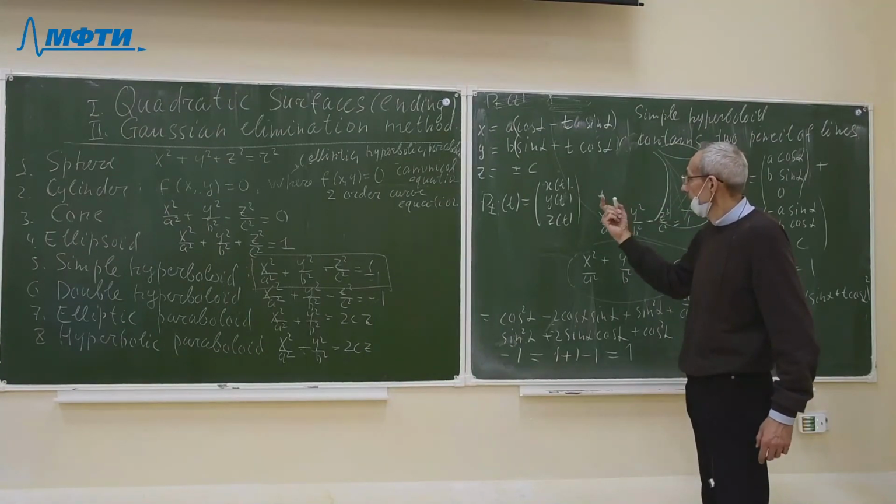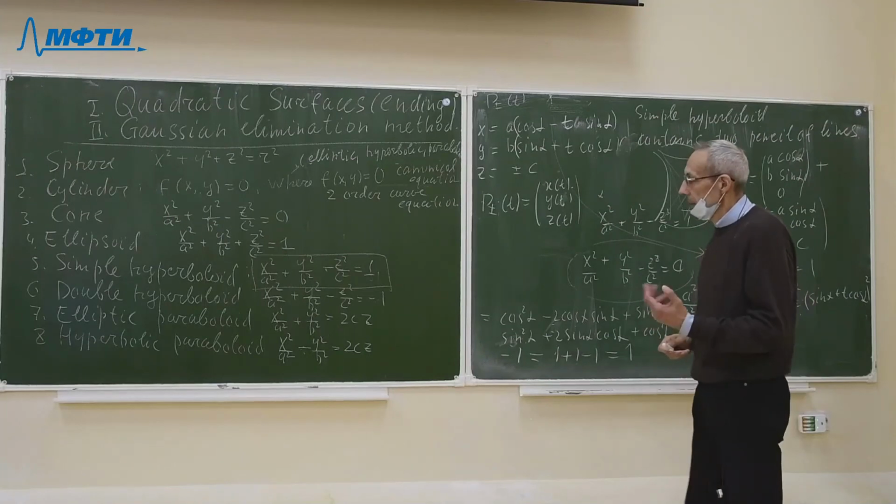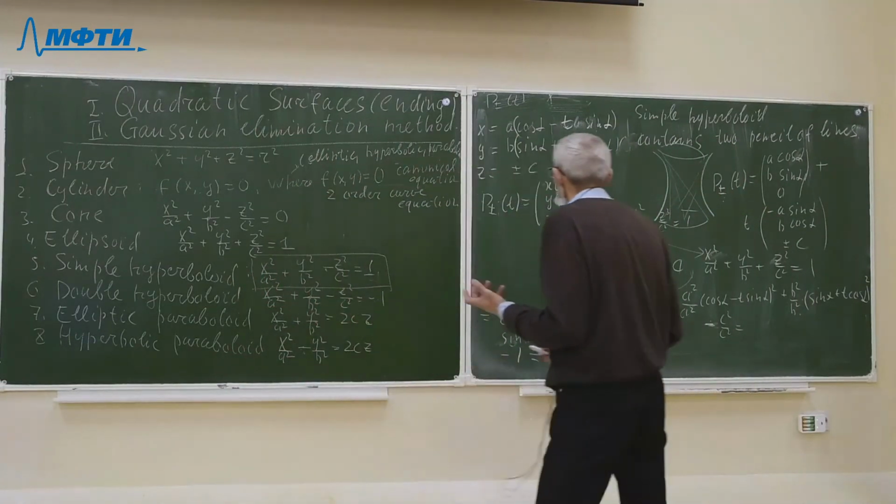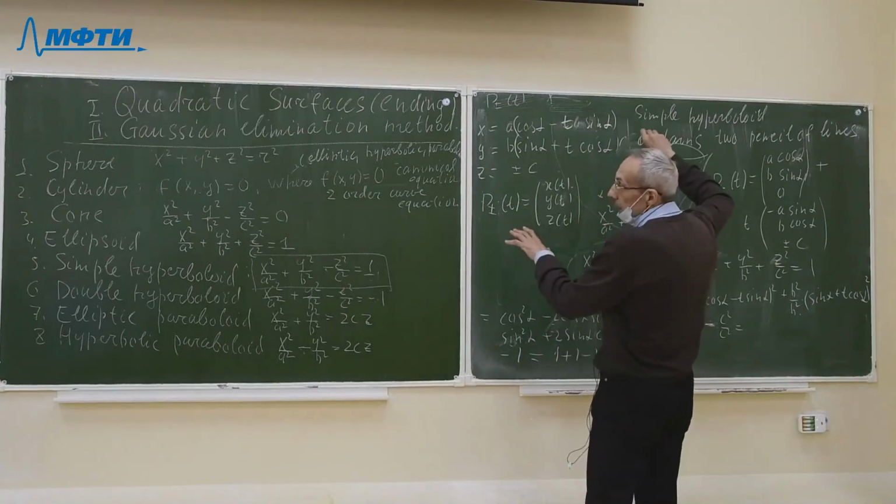We have one parameter, and three coordinates depend on this parameter, and we obtain some line in space.